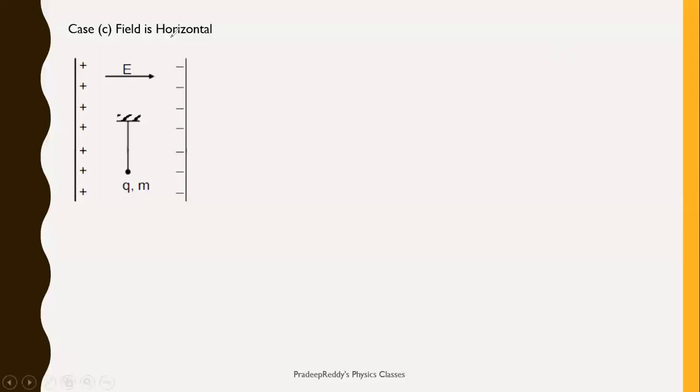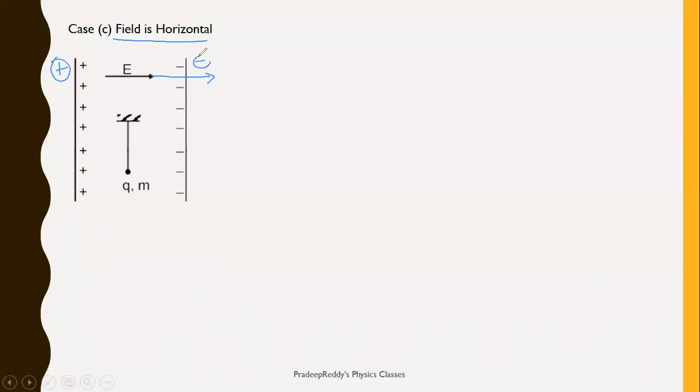In the previous slide, we have seen that field is vertically up or vertically down. In the first two cases, electric field is either vertically up or vertically down. But now in this case, electric field is horizontal, directed from left to right. This is positive and this is negative.